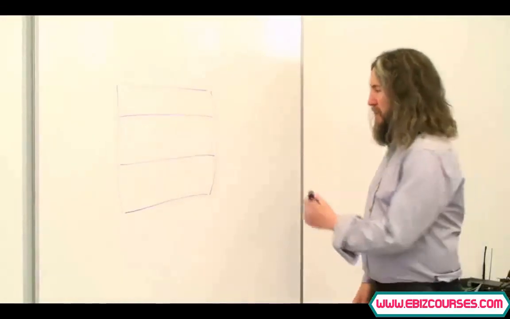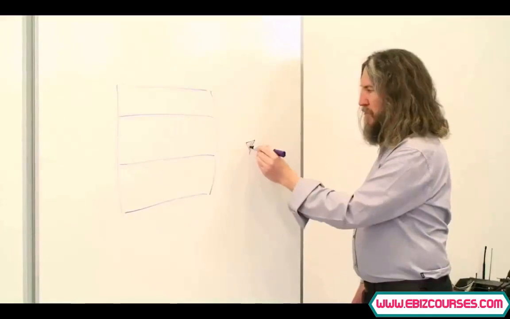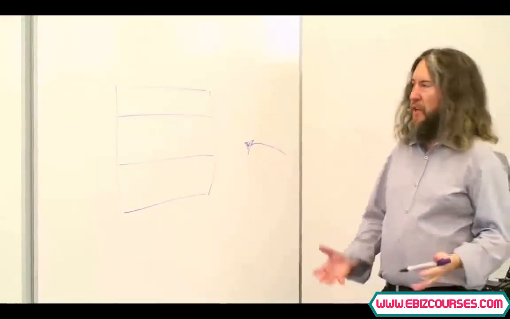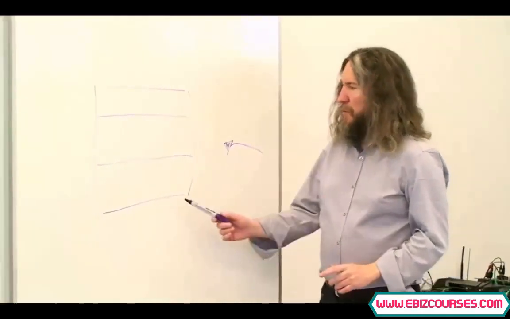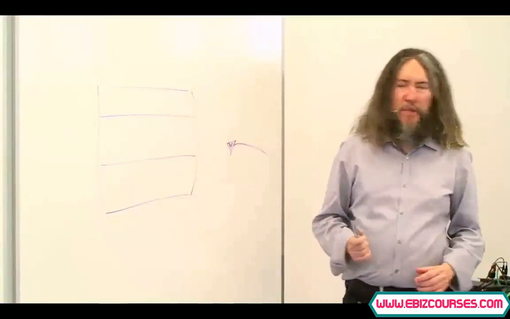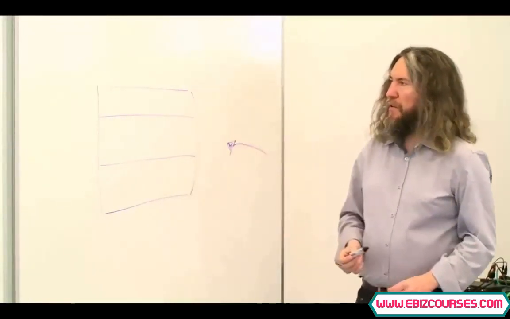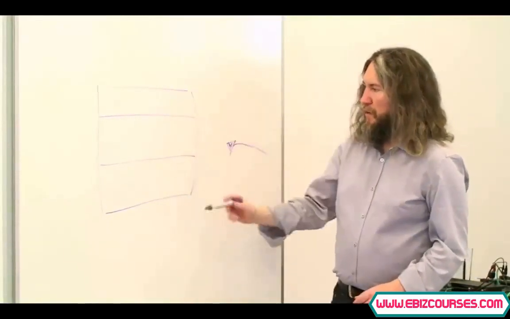So let's imagine that we're coming at it in this direction. To be linear, we want to think about this. So we can move from the bottom to the top of the bookshelf. We can move from the top to the bottom of the bookshelf. We can start here and go down, or we can start here and go up.